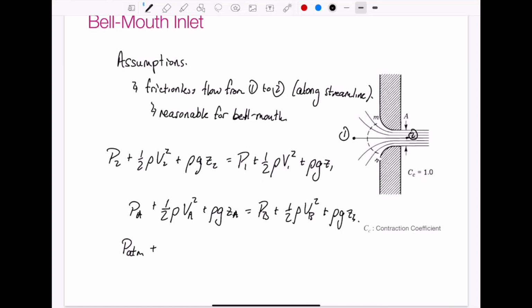Our velocity at point A was 0, and we're assuming that our elevation difference, ZA minus ZB, is negligible. So we only have P atmosphere on the left-hand side, and on the right-hand side, we have the pressure tap PB plus 1/2 times density times VB squared.